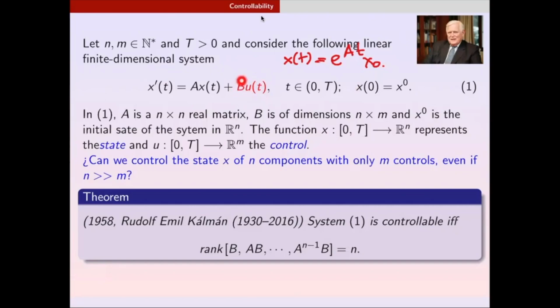So you see now the actuator is B, which is now a matrix N times M, right? M in practical applications is much less than N, because N is the number of components of the state, and M is the number of controllers, right?